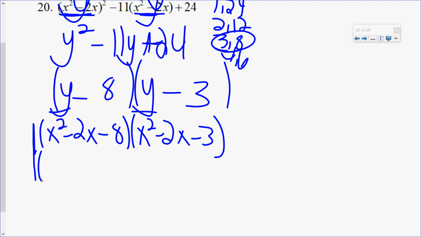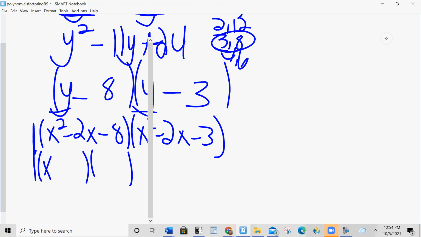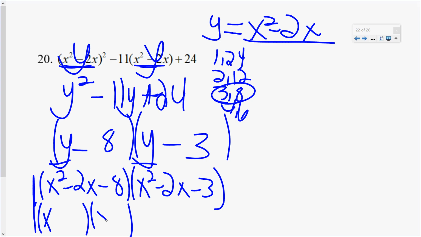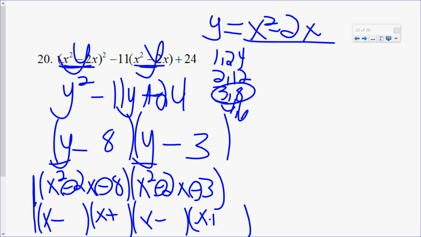I see 2 trinomials, x and x. First sign comes down, negative and a negative is a positive. X and x, first sign comes down, negative and a negative is a positive.